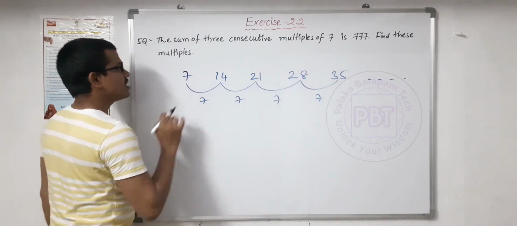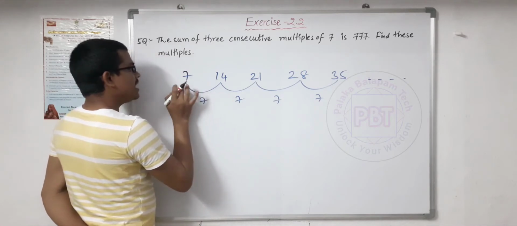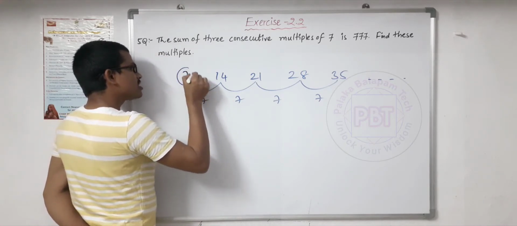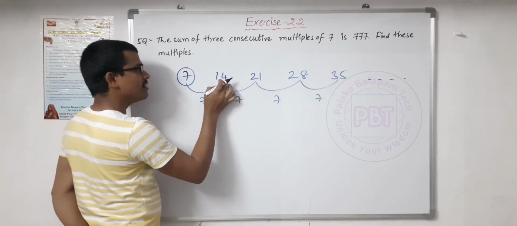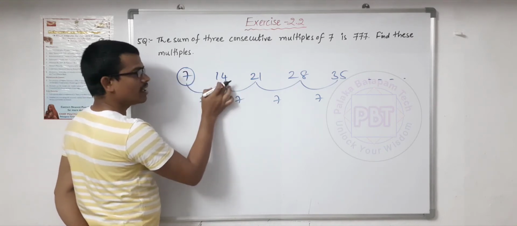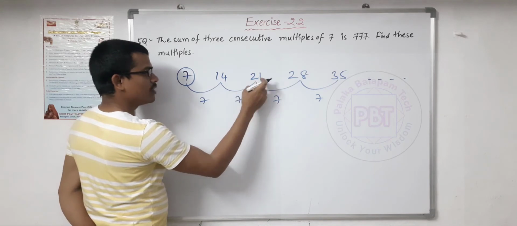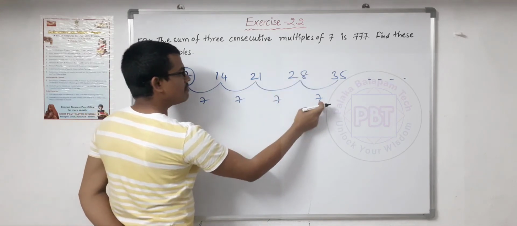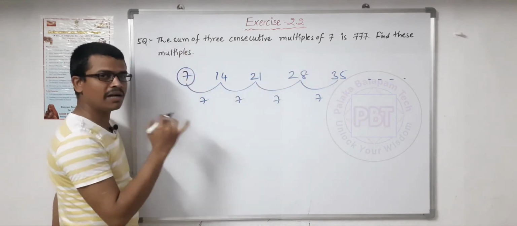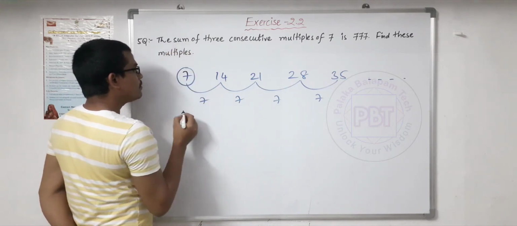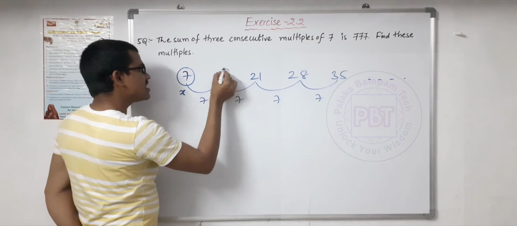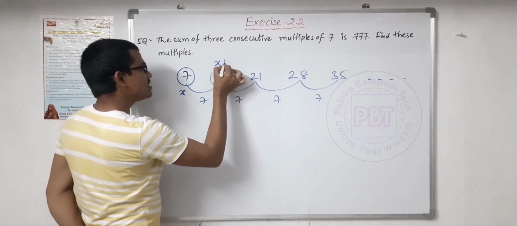If you know the first multiple, then what is the second multiple? 14. How are we getting this 14? 7 plus 7 is 14. So 14 plus 7 is 21. 21 plus 7 is 28. 28 plus 7 is 35 and so on. We are getting the multiples. So whenever you assume the first multiple as x, then the second multiple is x plus 7.